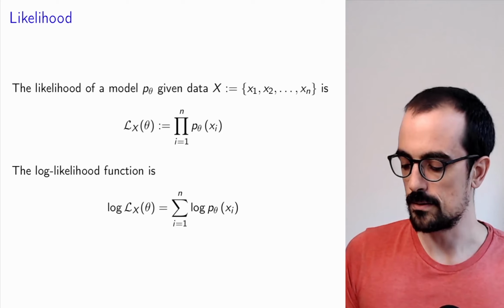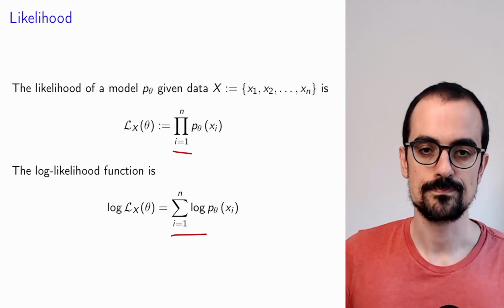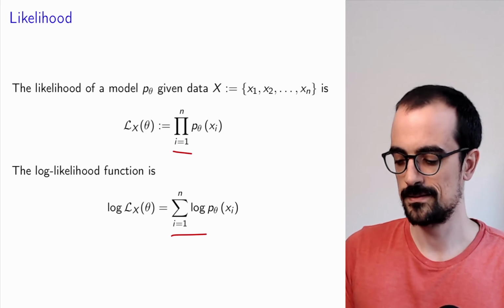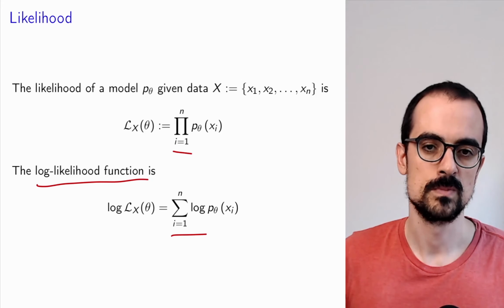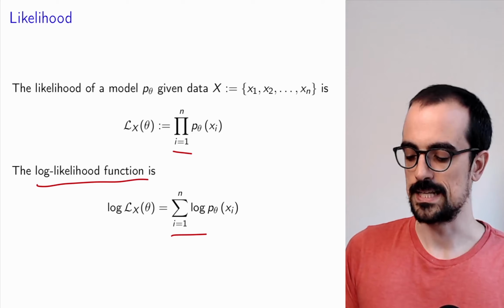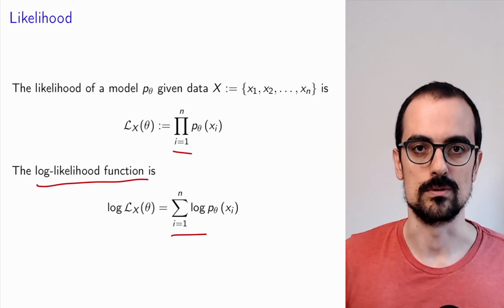When you take the logarithm of the product, you get the sum of the logarithms. Okay, so usually we actually deal with the log likelihood function instead. Taking the logarithm crucially does not change the maximum of a function because the logarithm is a monotone function.